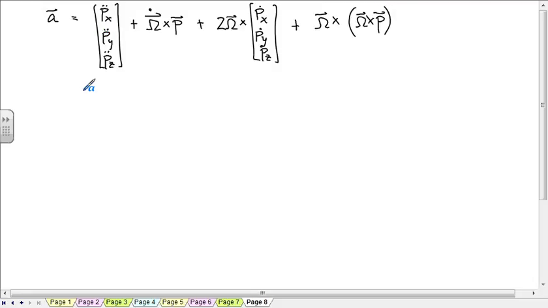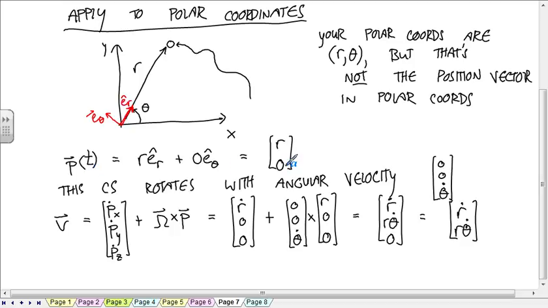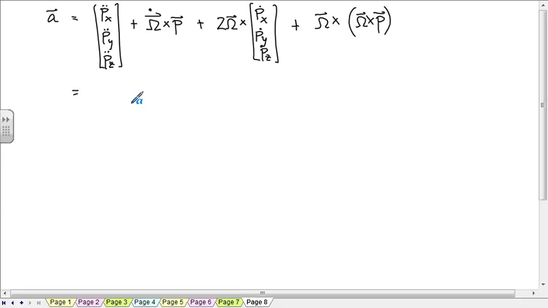All right, so our position vector is (r, 0, 0). So what's components double dot? Remember, that r could be infinitely differentiable as far as we know. That r can change. So that's just going to be r double dot and then zeros. Our omega is (0, 0, theta dot). So what's omega dot? That's right.